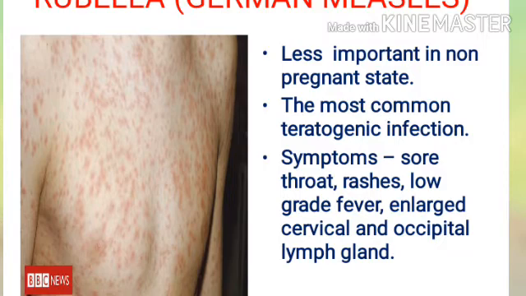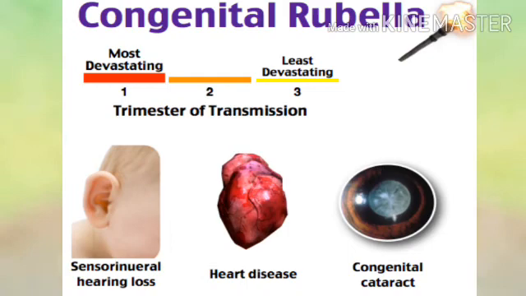But if a pregnant woman gets an infection of rubella during early pregnancy, it will become more dangerous, and that will result in congenital rubella syndrome. It is characterized by sensorineural hearing loss, heart diseases, and cataract.